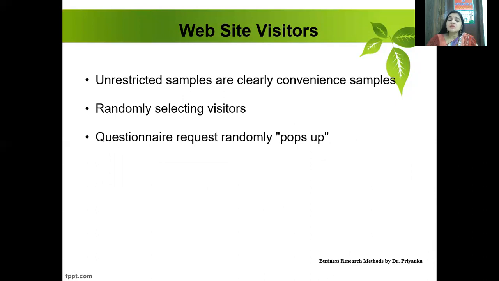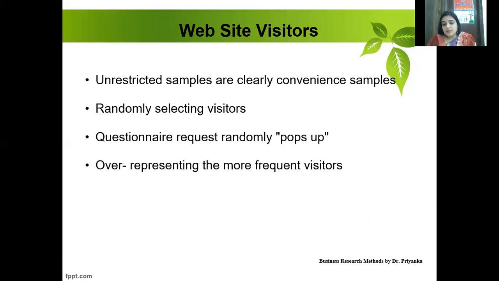Randomly selecting visitors, questionnaire requests randomly pop up, and overrepresenting the more frequent visitors. These are the things with website visitors. You will be actually randomly selecting the visitors, but many internet surveys are conducted with volunteer respondents who actually say yes to such surveys.